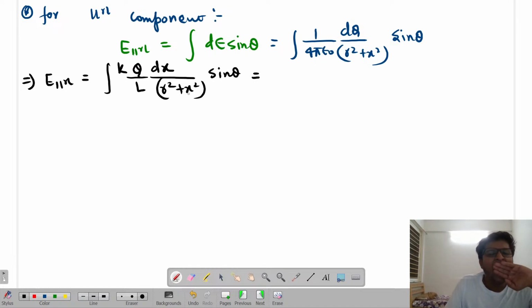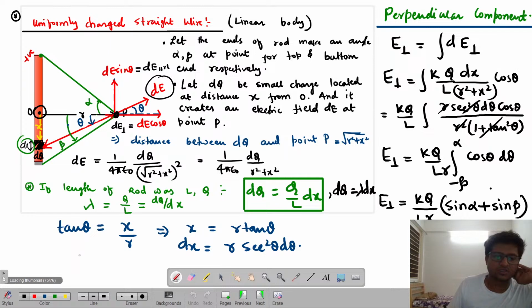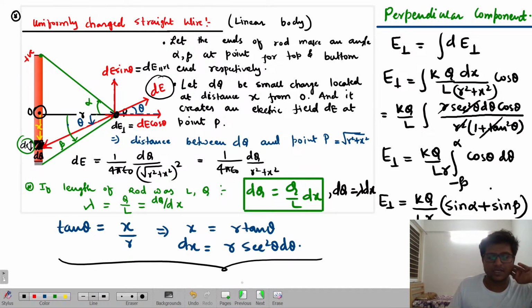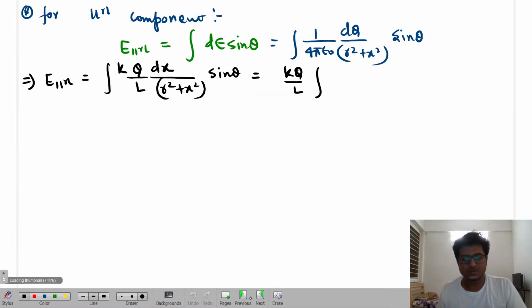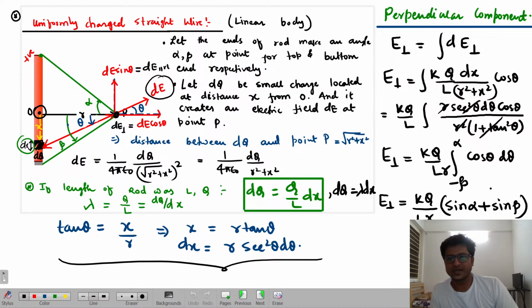I can take kq by L common. Dx, once again I can substitute, x is equal to r tan theta. Then 1 plus tan square theta will come and get cancelled, and I'll be left with 1 by r into sin theta d theta.